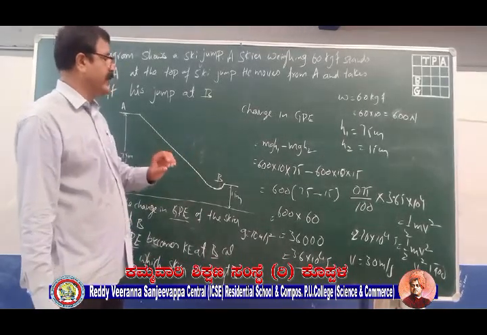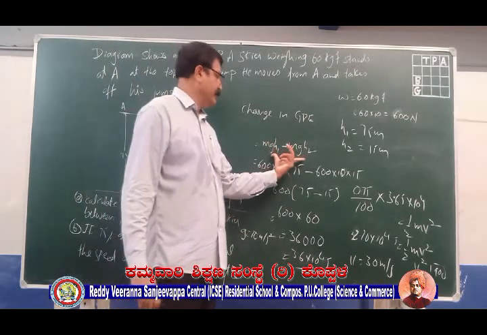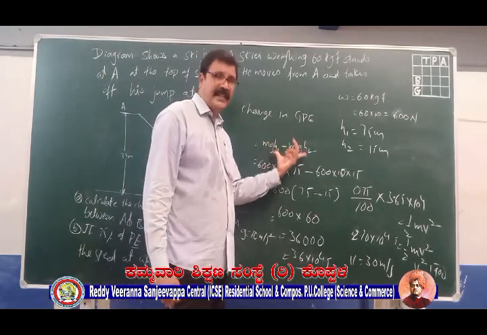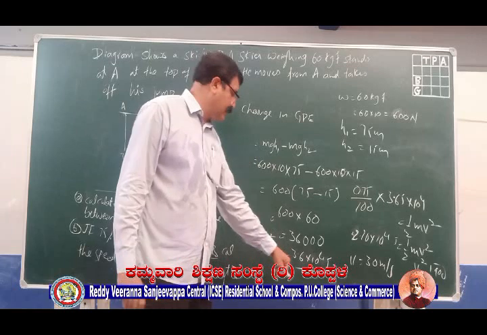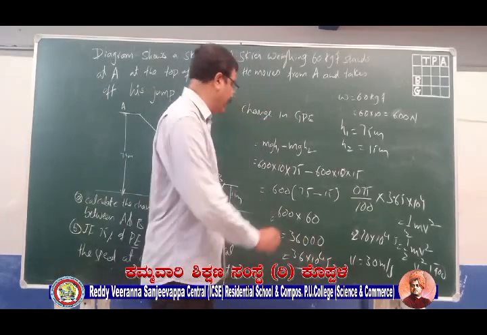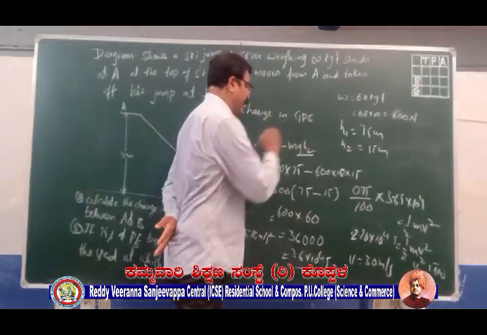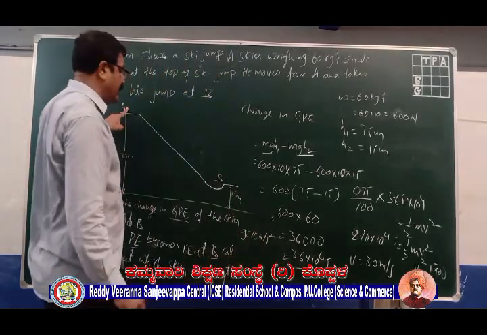So once again I will explain here. First I have calculated the change in gravitational potential energy. That I got as 3.6 into 10 to the power of 4 joule. How I did it? mgh1 minus mgh2. So here the potential energy will be different.